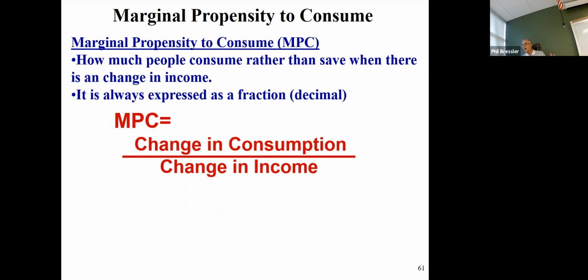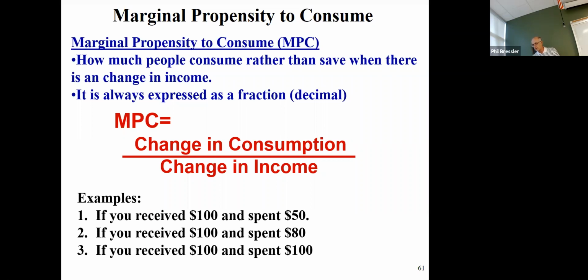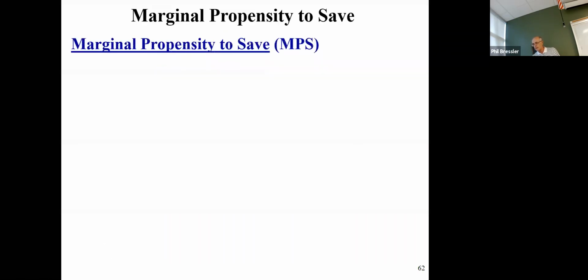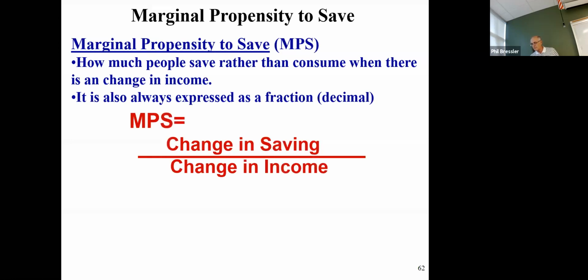So if I know my marginal propensity to consume, I have to know my marginal propensity to save because they're going to equal 1. Here it is, change in savings over change in income. And again, marginal propensity to save plus marginal propensity to consume equals 1.